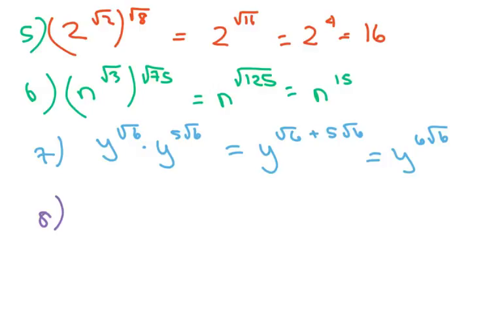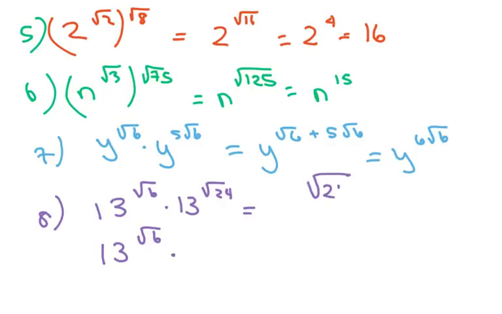And let's do number 8. We have 13 to the square root of 6 times 13 to the square root of 24. If you want to rewrite the square root of 24, I don't have a calculator with me, so I'll do it up here.